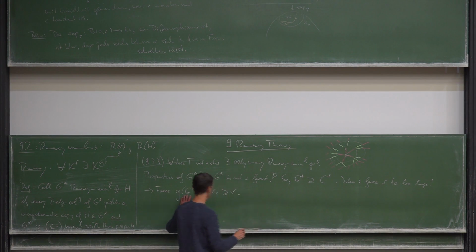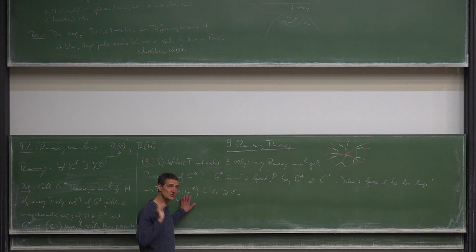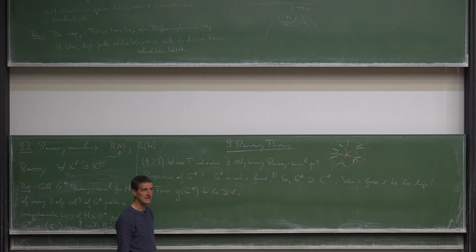But then, if we can find G that has this Ramsey property for H, that has girth at least R, then we can make it minimal by deleting whatever vertices or edges. We're not going to introduce a short cycle by deleting stuff.